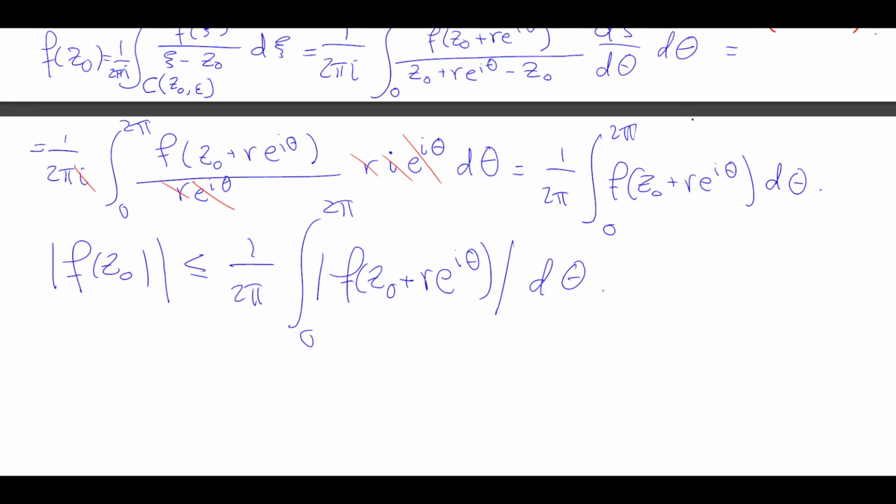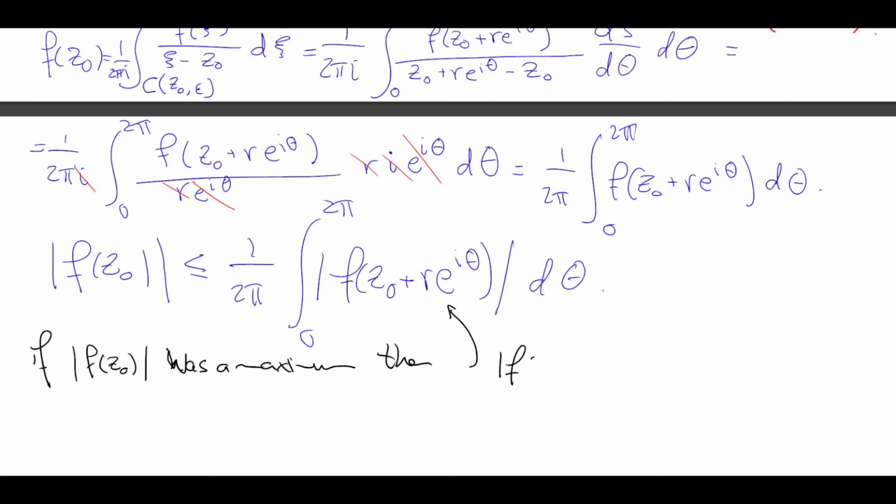Let's interpret this. If f of z0 was a maximum, then, because you're integrating over an arc length of 2 pi and dividing by 2 pi, you're basically averaging the absolute value of these things.